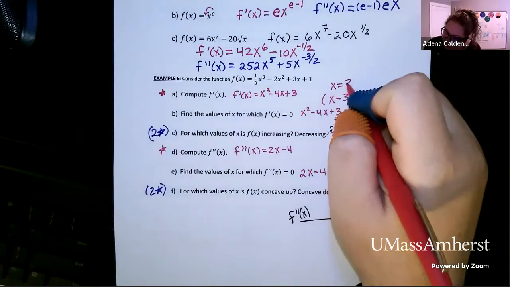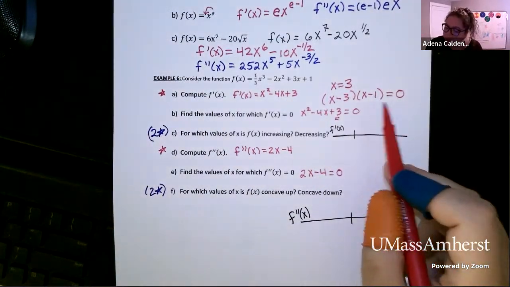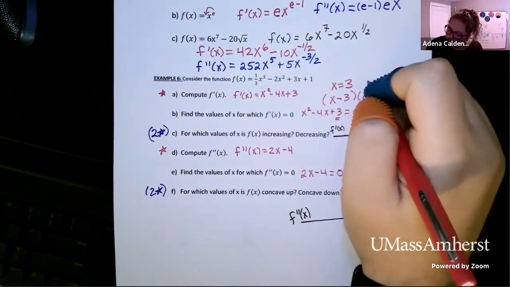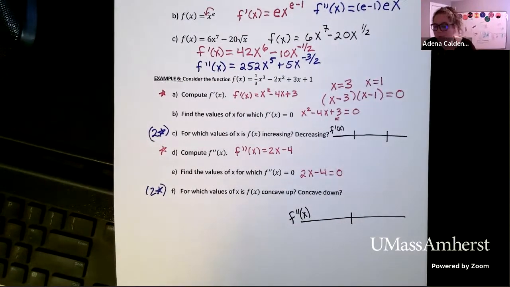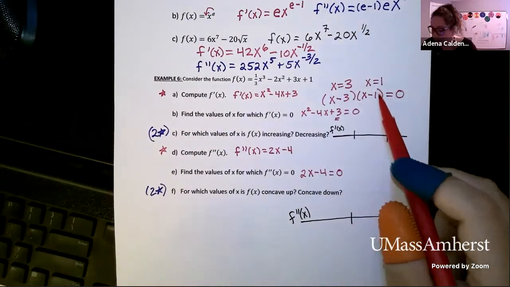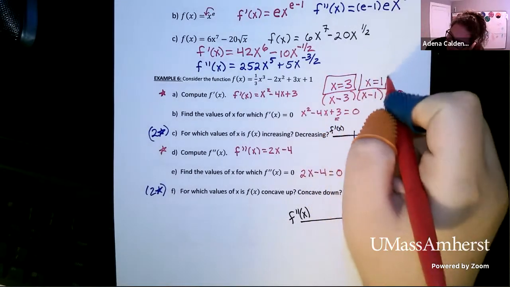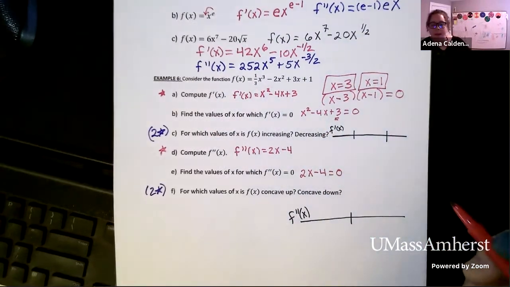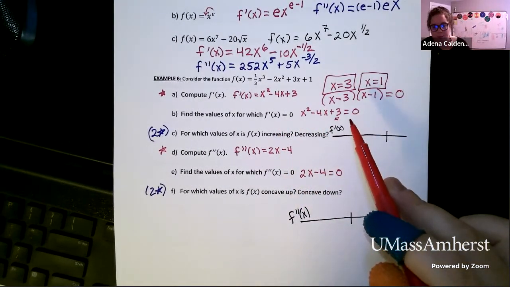That tells me that x will equal 3 is one solution. And then x minus 1 equals 0 tells me that x minus 1 is a solution, and therefore x would have to equal 1 here. Okay, so there's 2 places that make this 0 at x equals 3 and x equals 1. So those are the values that make this equal to 0.